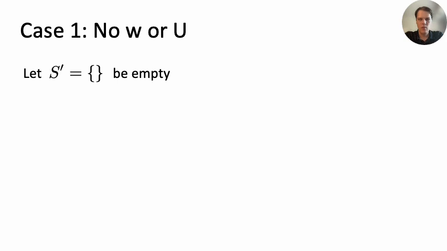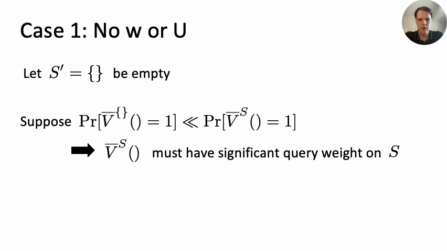So let's build up to the overall proof. We're going to start with a very simple case where there's no W or U, and the verifier just has access to S or S prime. Well, here we can actually let S prime just be the empty set.